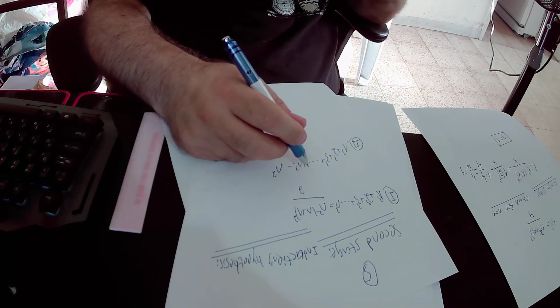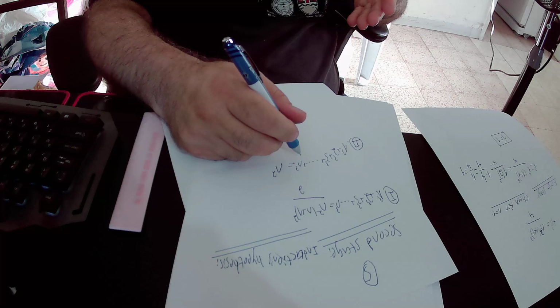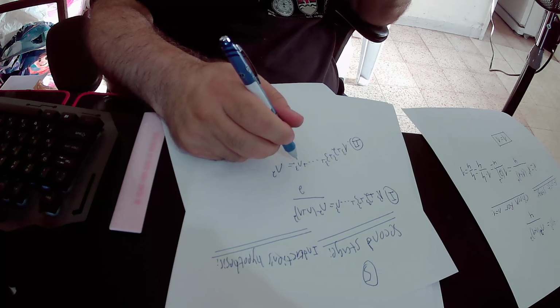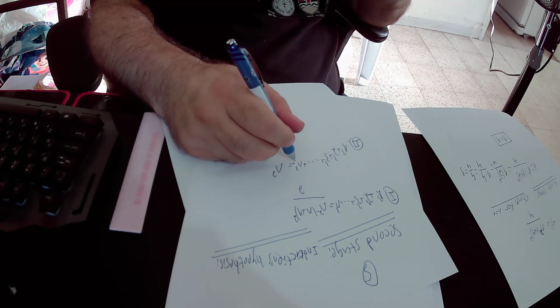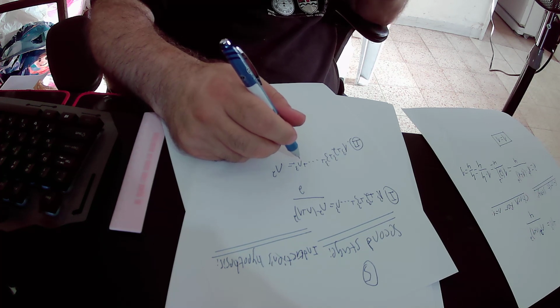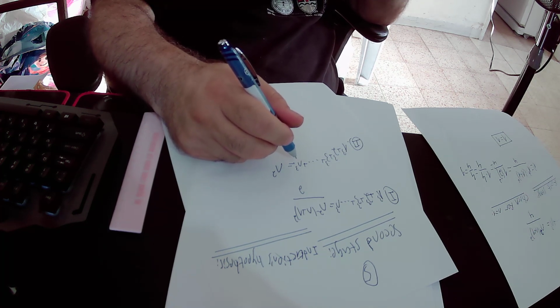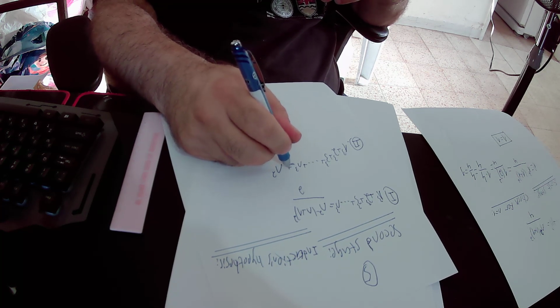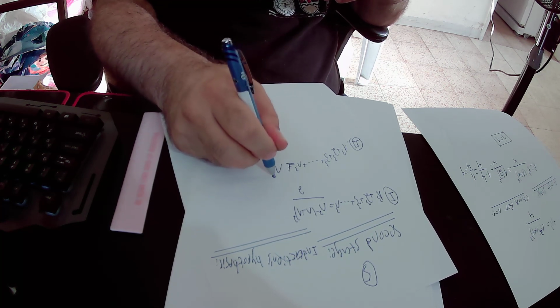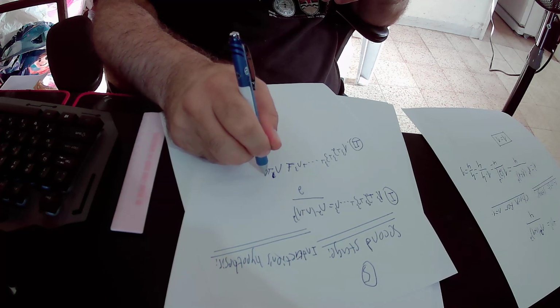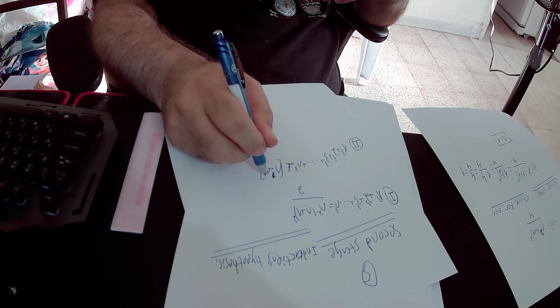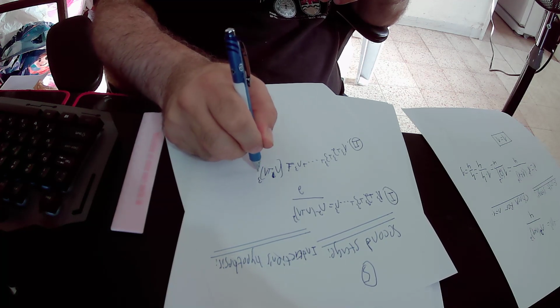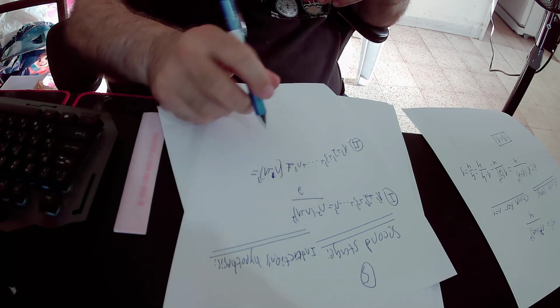Actually now we create the expression of the statement for n plus 1, so it will be 1 to the power of 3 plus 2 to the power of 3 plus 3 to the power of 3 plus n to the power of 3 plus n plus 1 to the power of 3 equals.